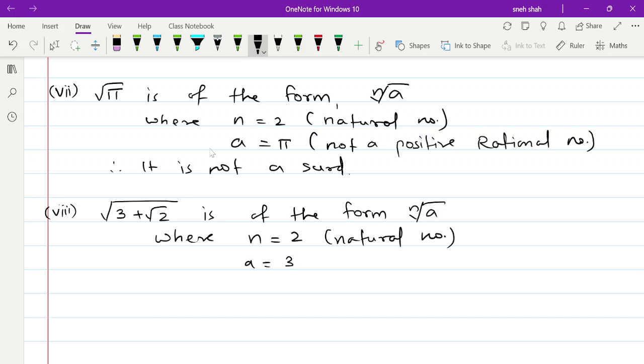Also, a is 3 plus root 2, and that is not a positive rational number. And due to this, the second criteria is not being fulfilled. So we can conclude that it is a non-surd, or it is not a surd.